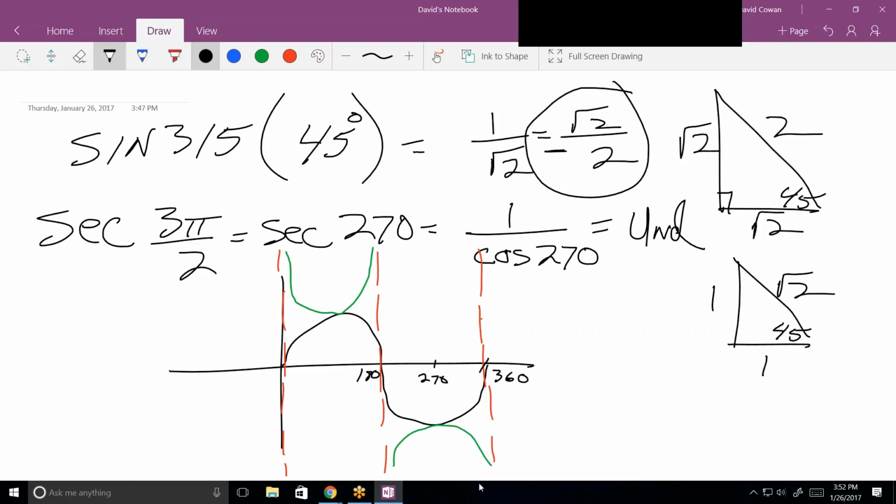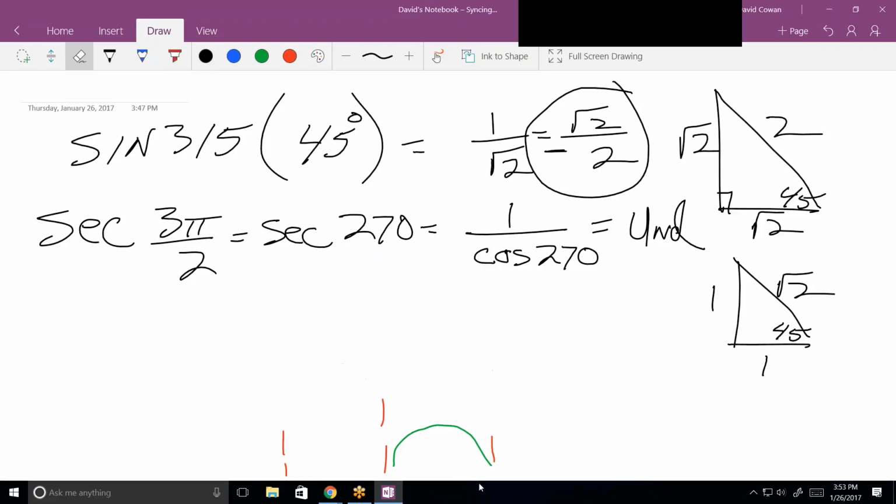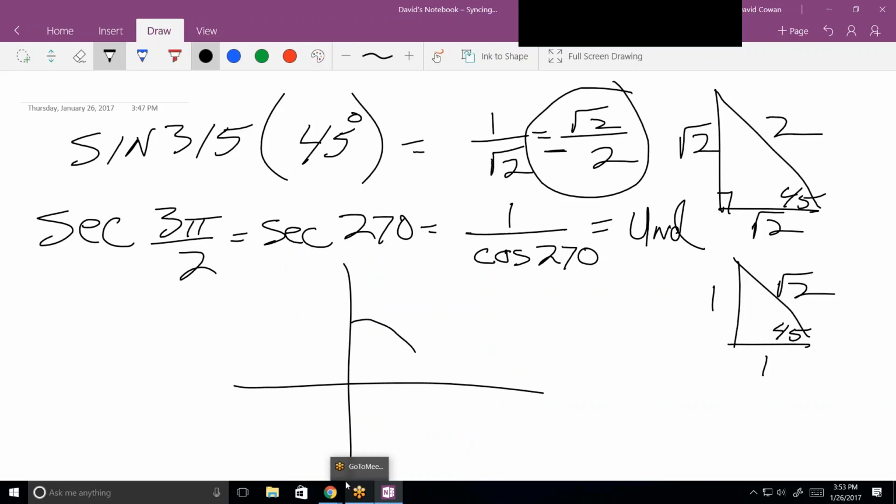And when I'm talking about secant, that sits on the tops and bottoms of the cosine curve. And so it's not going to be the same places where it's undefined. It's going to be undefined wherever the cosine is 0. In other words, if I draw my cosine curve, there's these spots where it's undefined, where the secant would be undefined.